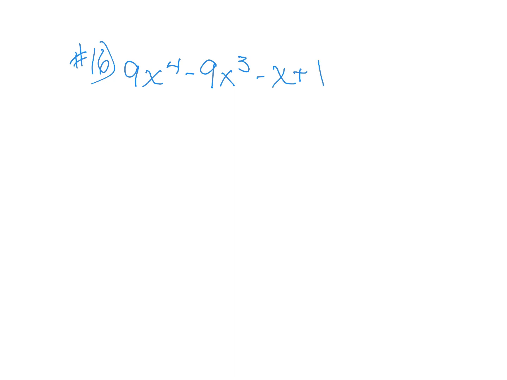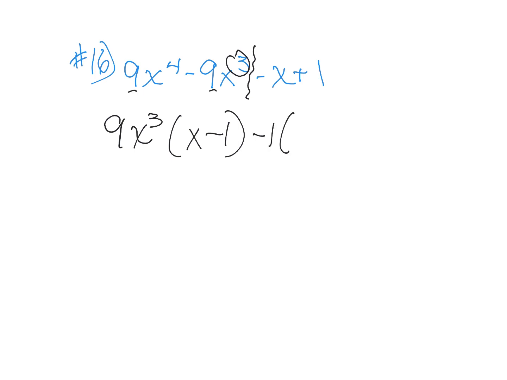Because they're not both negative here at the end, but you still want to take a negative out. I see a 9 and an x cubed. I forgot to squiggle, sorry. A 9 and an x cubed leaves me an x minus 1. Well, I got an x plus 1 on my right side, but if I take out a negative 1, the x turns positive, like this, and the 1 turns negative.